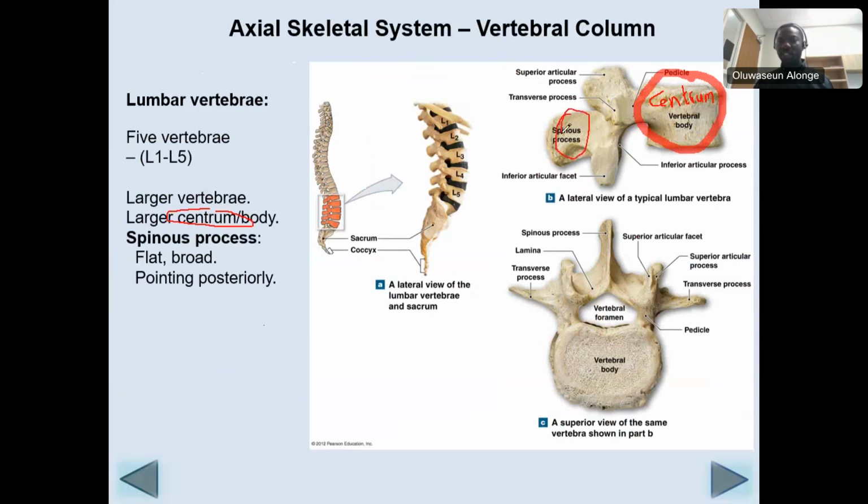The spinous process is flat and straight, unlike thoracic that has pointed and bent inferiorly. Lumbar has a flat and straight spinous process. They don't have transverse foramen, unlike cervical, and they don't have bifid spinous process like cervical as well.